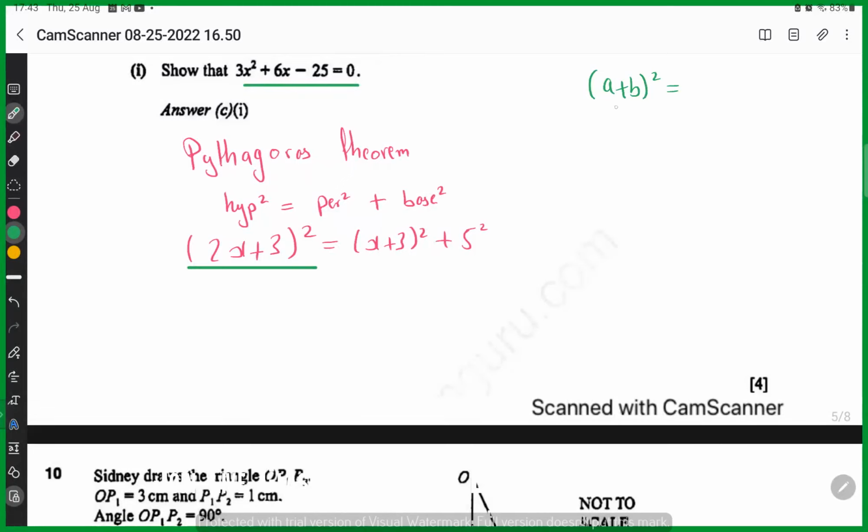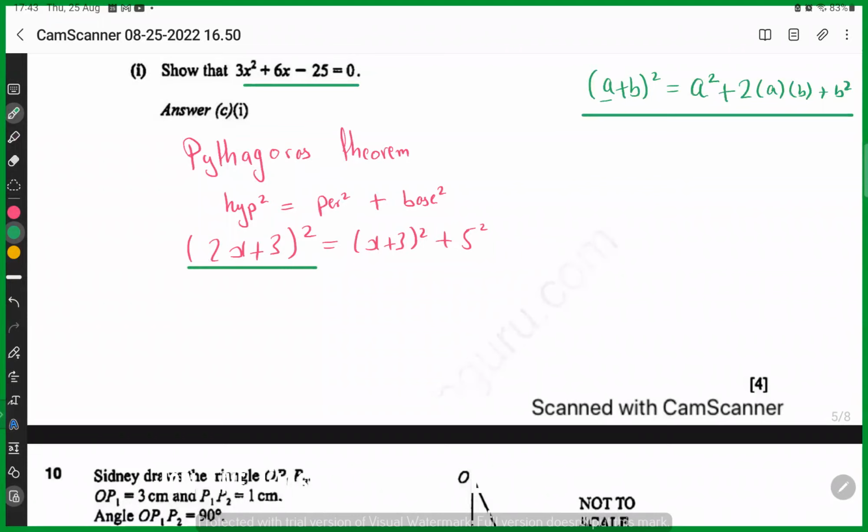The identity basically says, please pay attention. If you have two numbers which are being added and you have a square outside it, we write down the first number, we square it, plus 2 multiplied by the first number multiplied by the second number plus the square of the second one. You can consider it as a formula, but this is basically an identity.